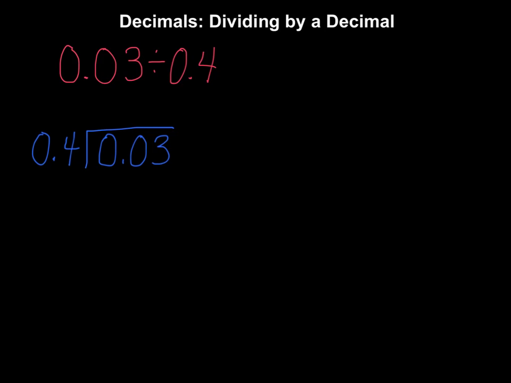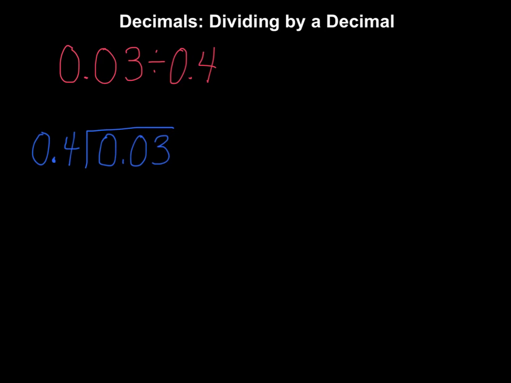Now the thing about dividing by a decimal is we don't want to do it. You do not want to divide by 0.4, otherwise you'll have to ask how many times does 0.4 go into 0, into 0, into 3. And that's just going to be a pain in the neck. So what we do is we take our divisor, our number outside the box, and we want to turn it into a whole number.